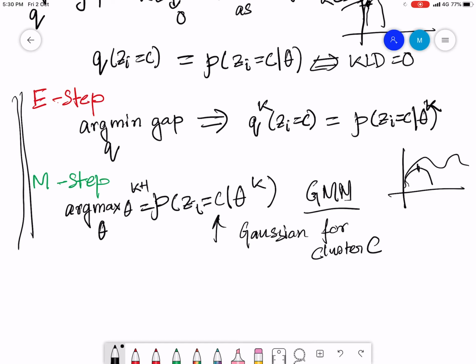Okay, so this is my derivation, and I think, have I given you the proof of the monotonicity of this thing? Let me quickly do that. Let me give you the proof of the monotonicity.